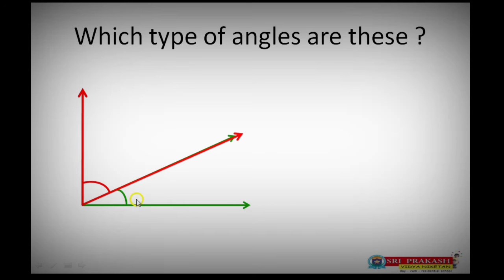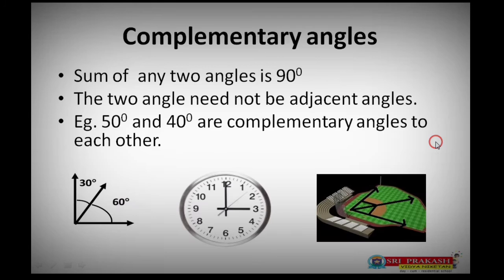What do we call this pair? If the sum of any two angles is 90 degrees, then the pair is called complementary angles, and they are complementary angles to each other. 50 degrees and 40 degrees, sum is 90 degrees, so they are complementary angles to each other.